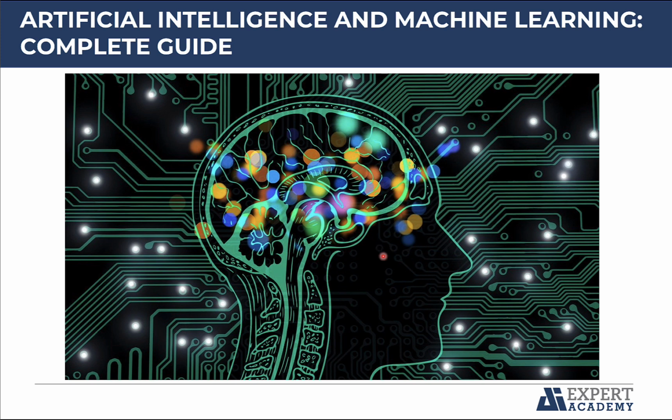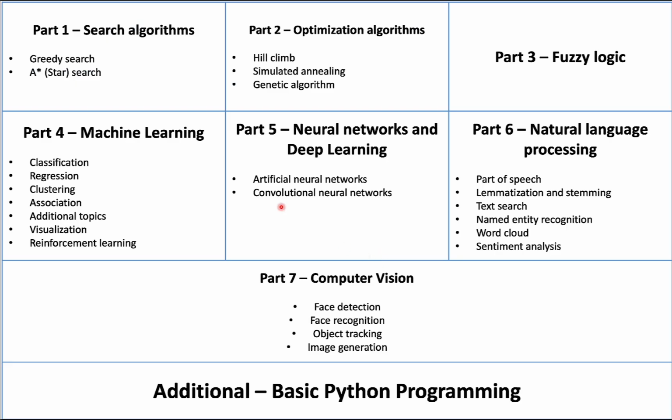Now I'm going to show you the contents that will be covered. As you can see, the course is divided into 7 parts with the main areas of artificial intelligence. In part number 1, you are going to learn about intelligent search algorithms, and we are going to implement from scratch the grid search and A-star search.